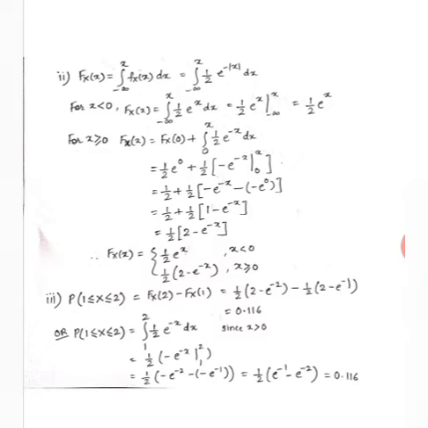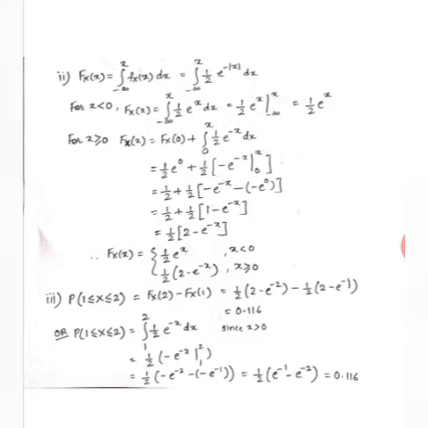So in the next step we will be getting half plus half into 1 minus e raised to minus x. If we combine this, it becomes half into the bracket 2 minus e raised to minus x. So we can write Fx of x is equal to half e raised to x for x less than 0, and half into 2 minus e raised to minus x for x greater than or equal to 0.